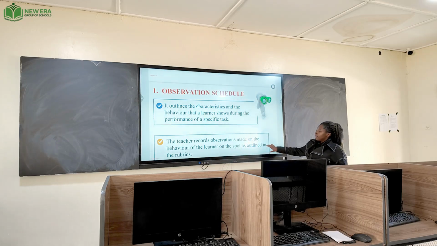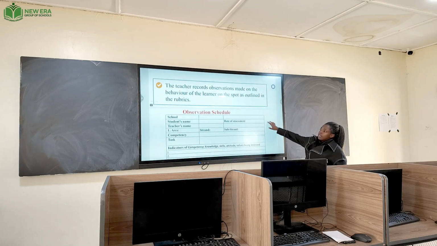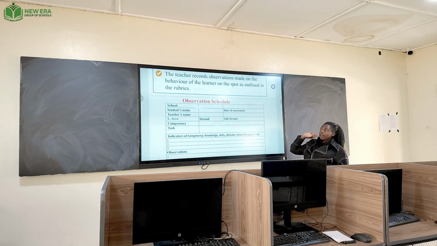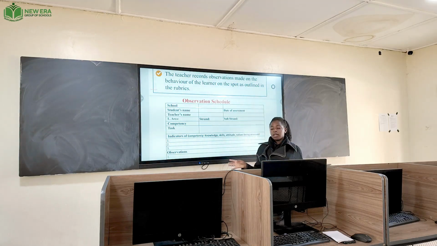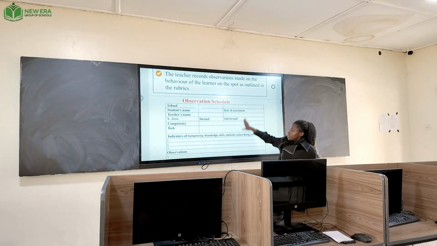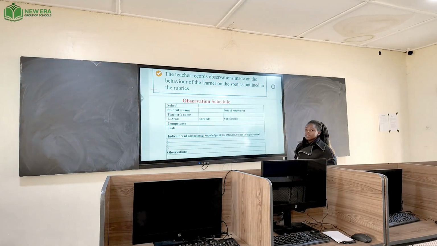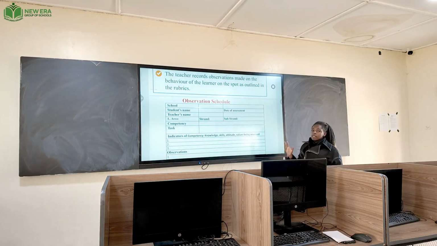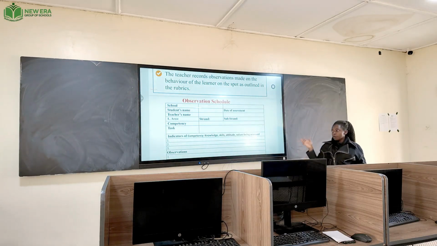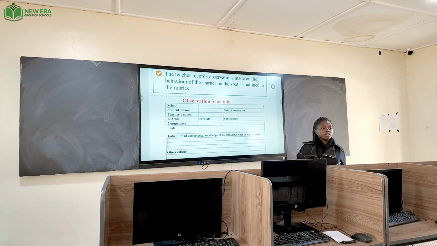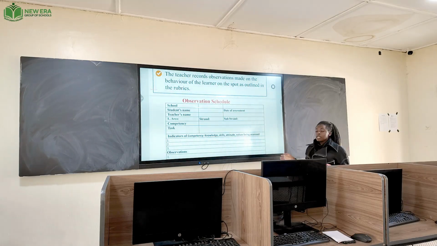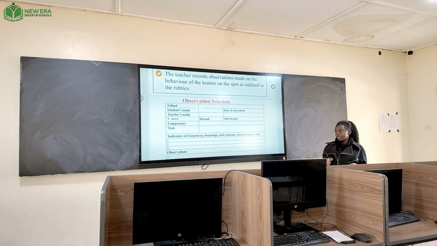This is an example of an observation schedule. You do not have any predetermined expected outcomes. You just have the indicators of the competency, that is the knowledge. Colleagues, remember that for this one, we not only look at the memorization of the content, we also consider the attitudes, the values, the knowledge, and the skills.